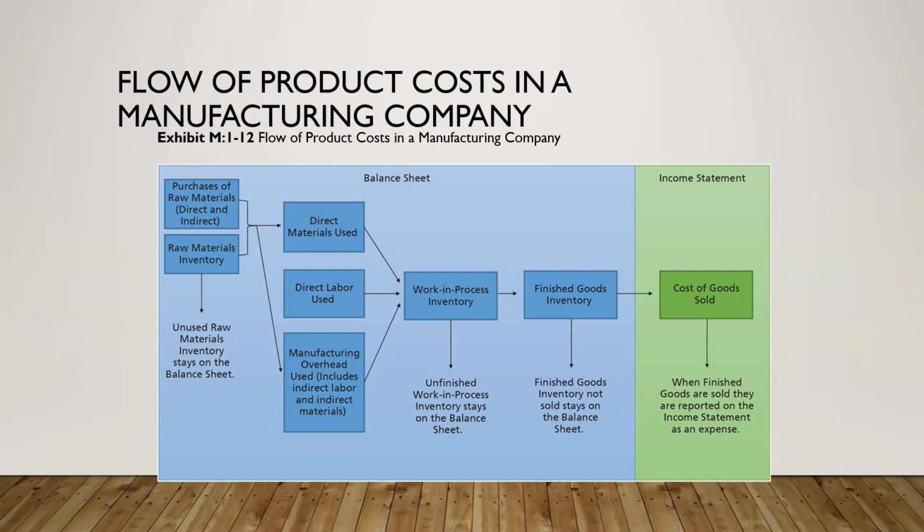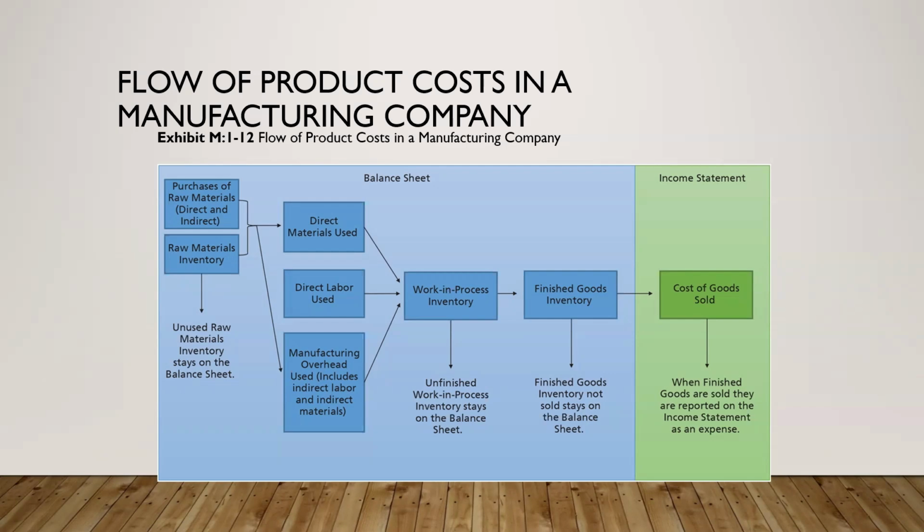When the manufacturing process is complete, the costs are then transferred to finished goods inventory. The cost of manufacturing the finished goods makes up the cost of goods manufactured. Now, if the work in process units are incomplete, the costs remain in work in process inventory, and it is reported on the balance sheet.